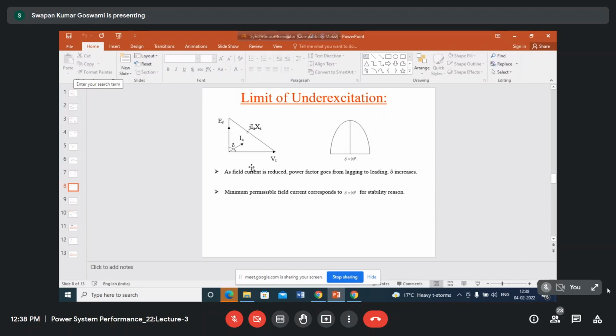As in this case, the minimum field current is actually decided by the stability consideration. What will decide the maximum field current? Any guess, anybody? Who will decide how much reactive power generator can deliver, or how much we can increase the field current of the generator, because that will decide the reactive power that the generator may deliver.